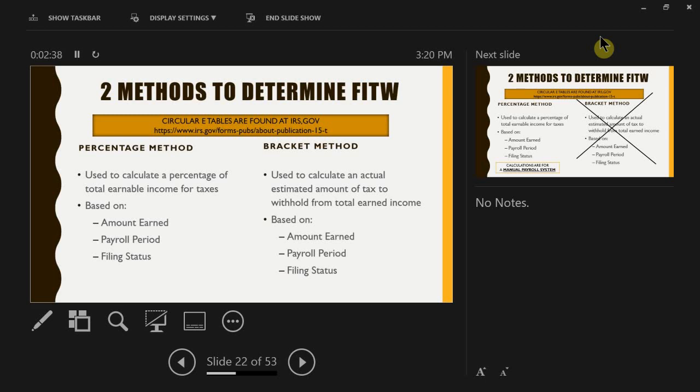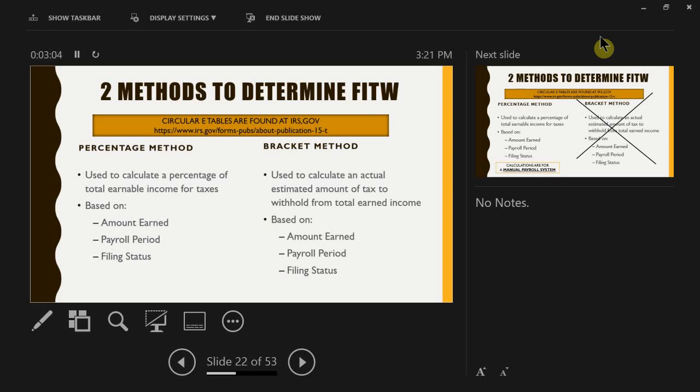What you're going to do is calculate your grand total amount of earnings, and then look at the number of claimed withholdings or whatever the form says. If you claimed an amount of income, including your spouse, then you have to add that in. Any extra deductions, you need to subtract out.